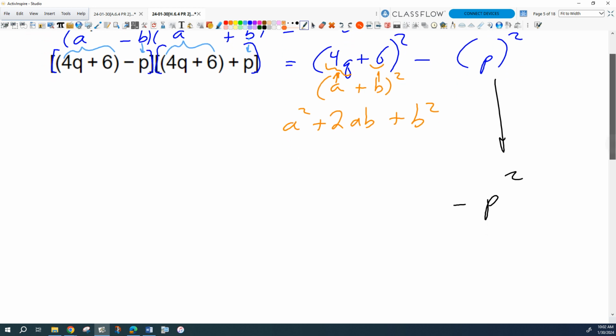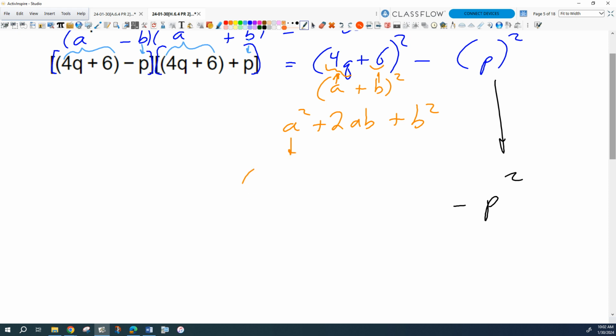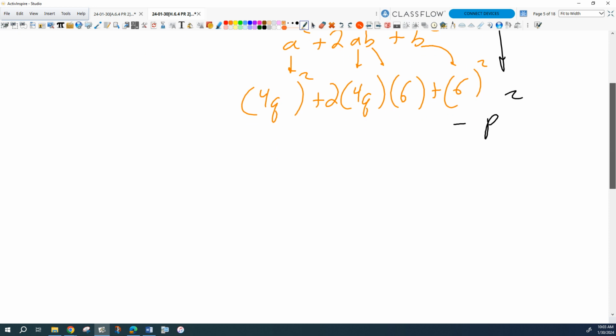Okay, so now we can replace our versions of A and B. Whatever we have for A is going in there and there. Whatever we have for B is going there and there. Well, what's A? B is 6. So now we can simplify that.